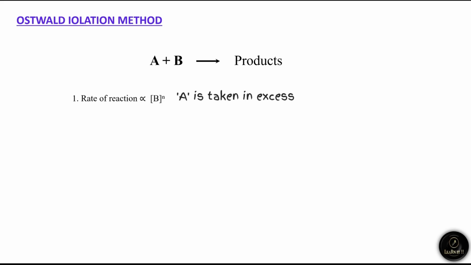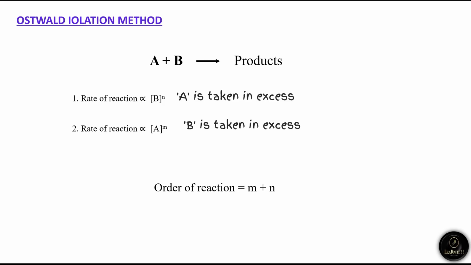This means any change in the reaction rate mainly depends on B. By varying B's concentration and observing the rate, you can determine the order with respect to B. Similarly, the process is repeated by taking the concentration of B in excess. The order with respect to A is calculated. The overall order is calculated by adding the order with respect to A and the order with respect to B.